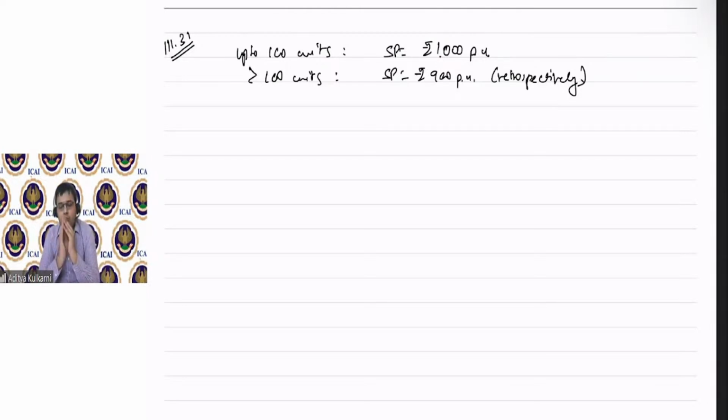So I want you to tell me what is the variable component in this illustration. Minus 100, plus 100, 900, 1000, what is variable?